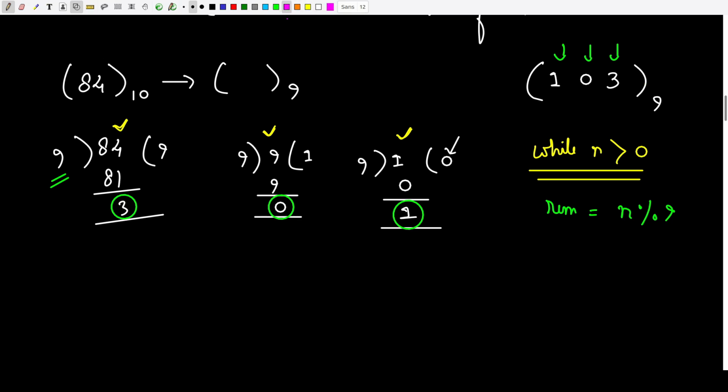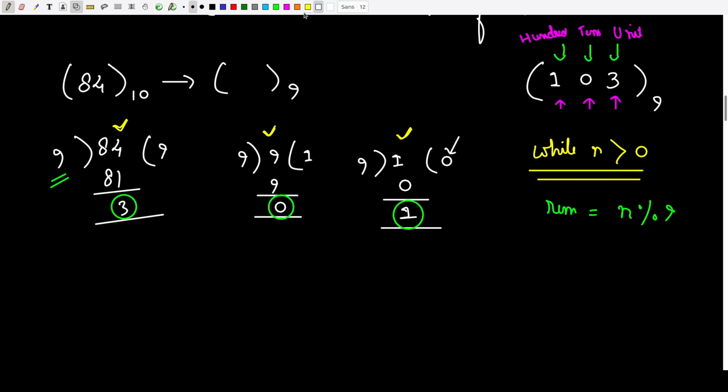And the final thing which we need to understand is 3 will come over here and then comes 0, and 1 is coming over here. What I mean by this is 3 is coming at the units place, 0 is coming at the tens place, and 1 is coming at the hundreds place. And this is what we need to maintain when we form our answer.